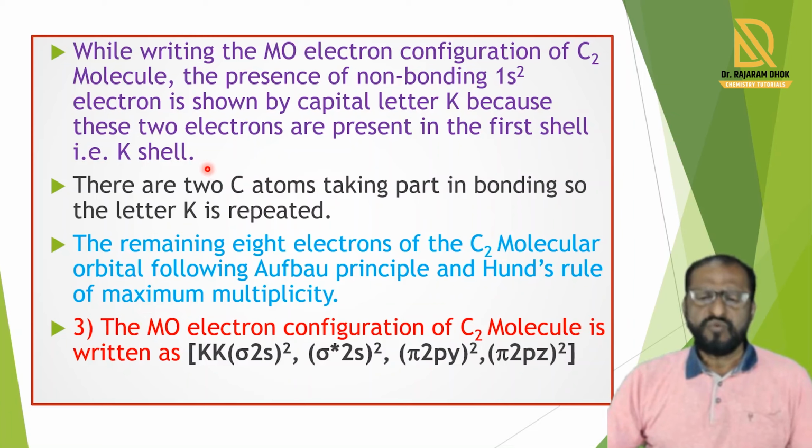In the C2 molecule, there are two carbon atoms taking part in the bonding, so the letter K is repeated. So we write KK.